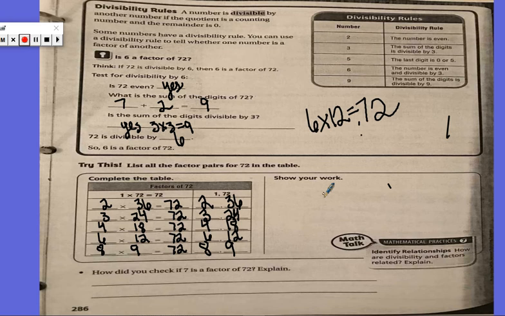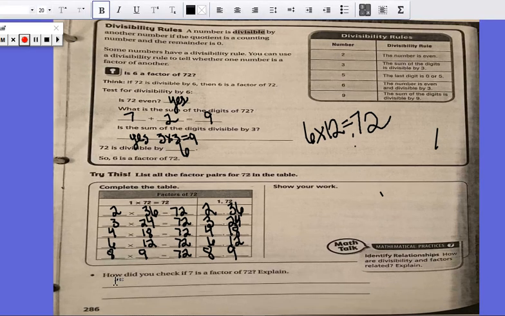How do you check if 7 is a factor of 72? Explain. Alright, so you're going to know there is no divisibility rule for 7.